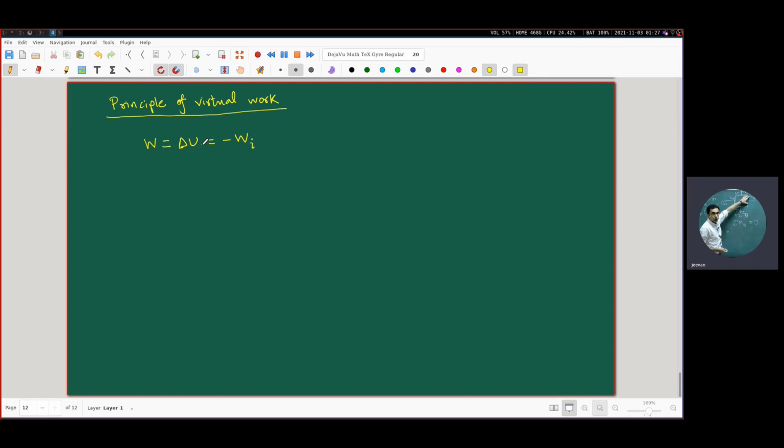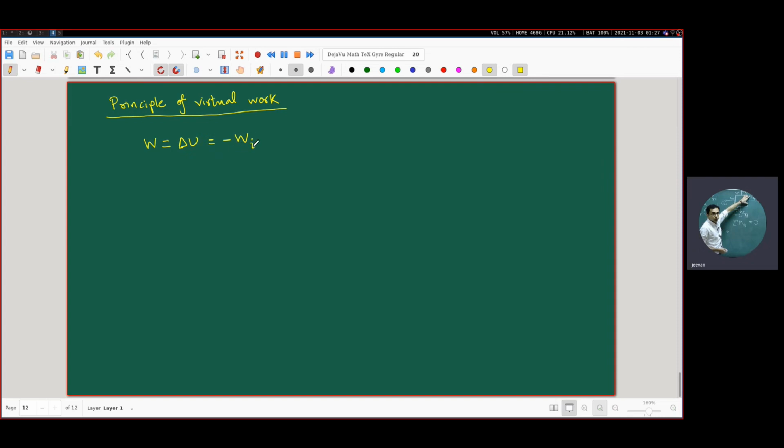So this is the potential energy associated with the work of the conservative internal forces of an elastic system. So we can kind of reverse our idea here and fall back on this expression of the internal work done.